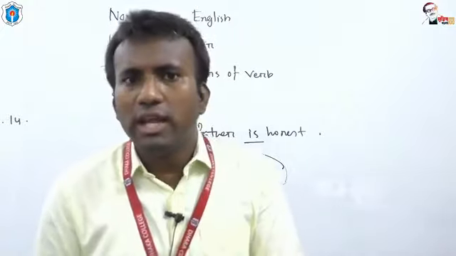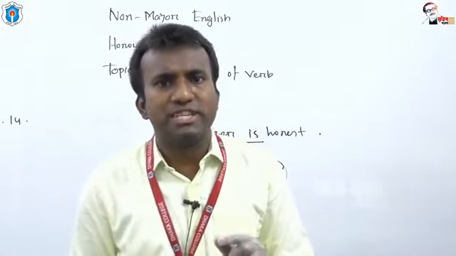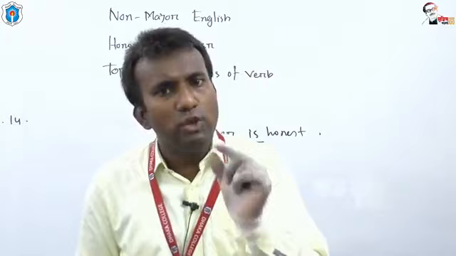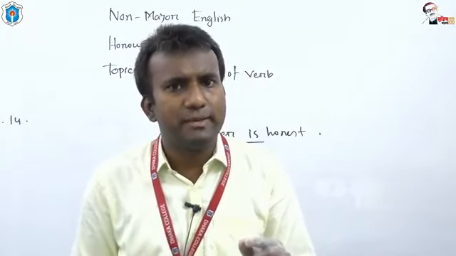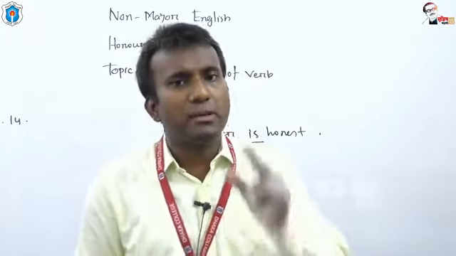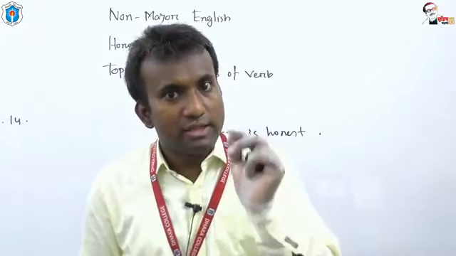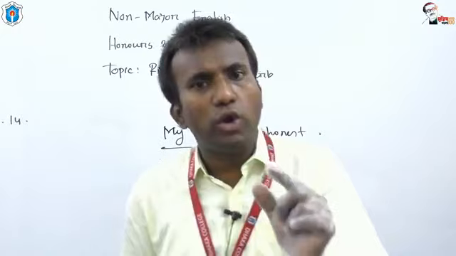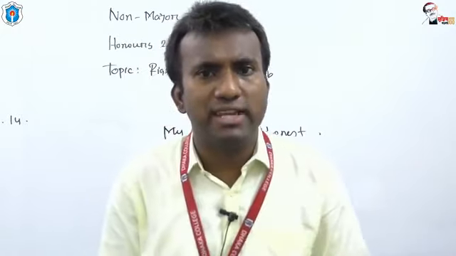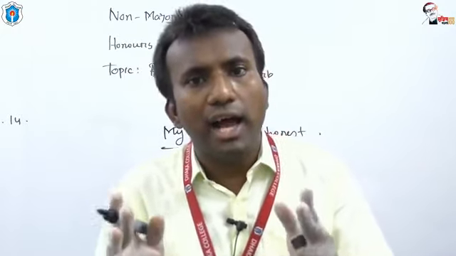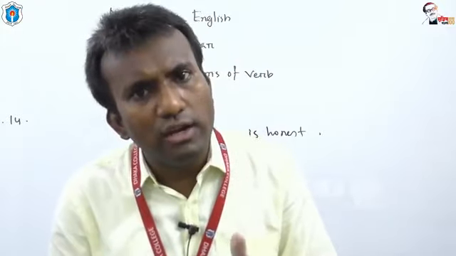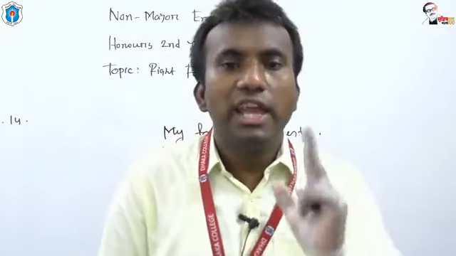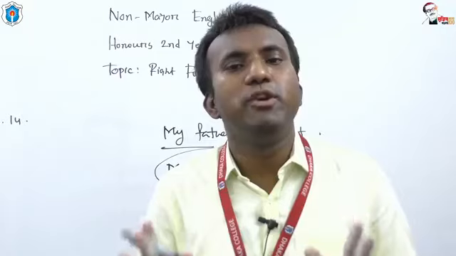There is a rule, if you get any use of compound subject in a sentence, this compound subject becomes plural, and according to the rule of subject-verb agreement, if the subject is singular, verb will be singular. If the subject is plural, verb will be plural.